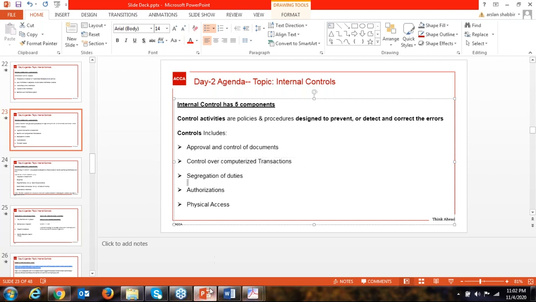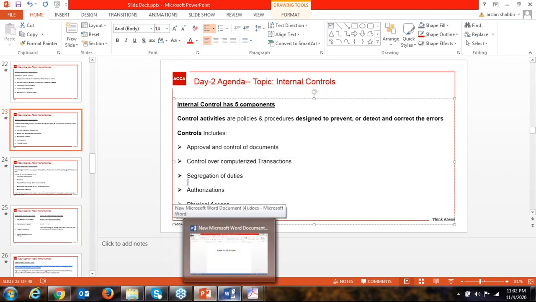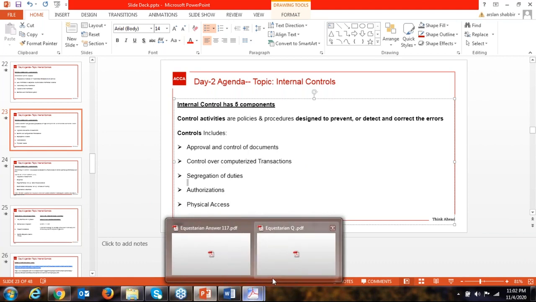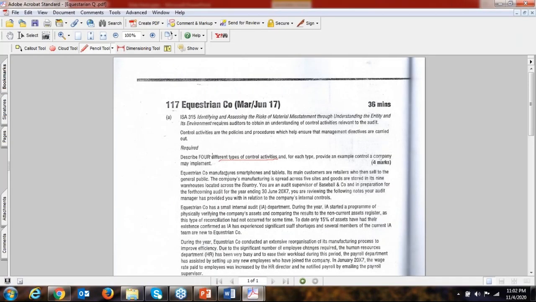Now what does the examiner expect from your side? Describe four different types of control activities, and for each type, provide an example control a company may implement. Control activities are used for making the controls to achieve the objectives of the organization.